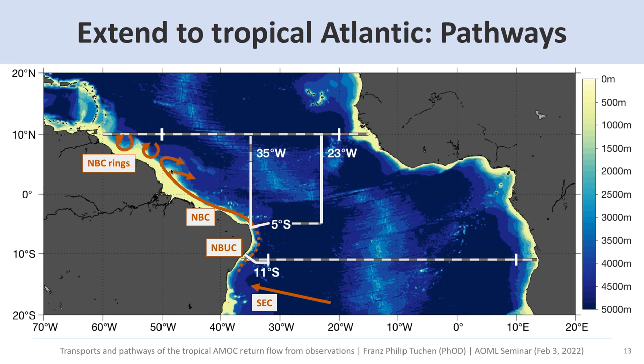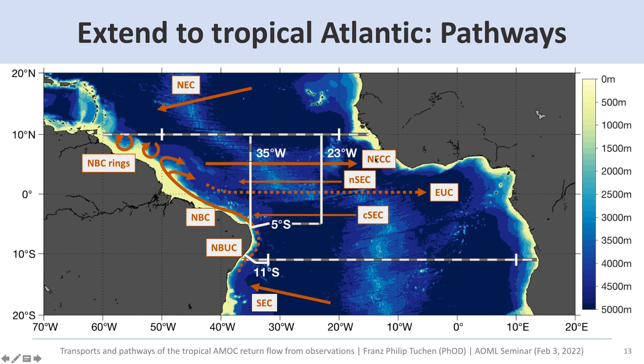One consequence of this is that it sheds NBC rings to the northwest, which are then crossing our section at 10 North, and together with the NEC, they are pushed into the Caribbean and follow the western boundary AMOC pathway. Another consequence of the unstable NBC is that it retroflects back into the tropical Atlantic, supplying the North Equatorial Countercurrent with surface water and supplying the Equatorial Undercurrent with thermocline water.